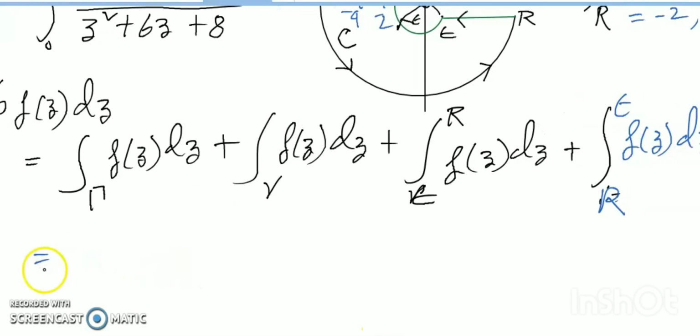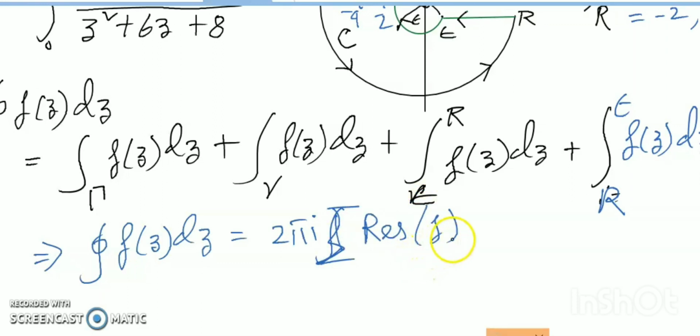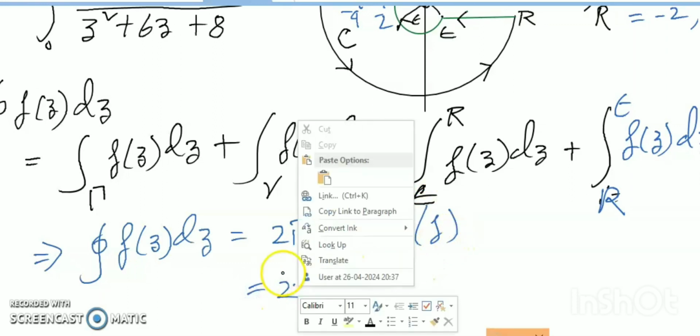the integration of f(z) dz equals 2 pi I times the sum of residues of f, so it can be written as 2 pi I. Okay, 2 pi I. Now the residue, you have already learned how to find the residue.